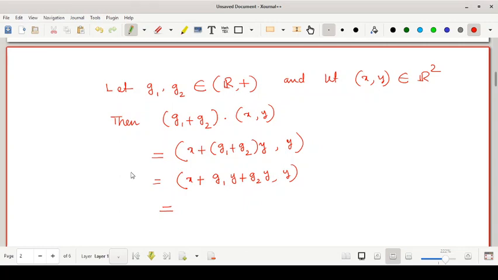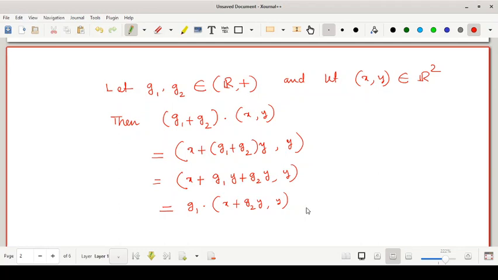If I consider x plus g2y as my first coordinate, then I can write this as g1 dot (x plus g2y, y).